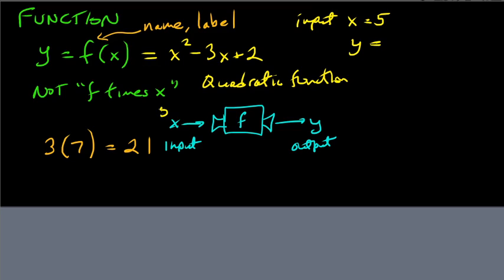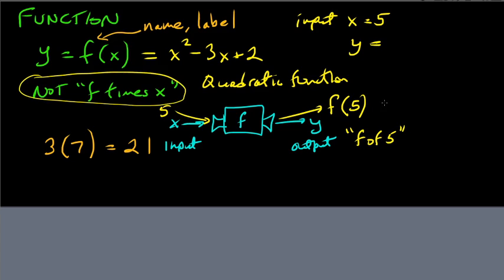You put 5 into the function and calculate what comes out. In this case, it's f evaluated at 5, or you can say f of 5, but please don't say f times 5, because that's not what this is. It's f evaluated at 5. Replacing x with 5, you get 5 squared minus 3 times 5 plus 2, or 25 minus 15 is 10, 10 plus 2 is 12, so y is 12. So if the input is 5, the output is 12.